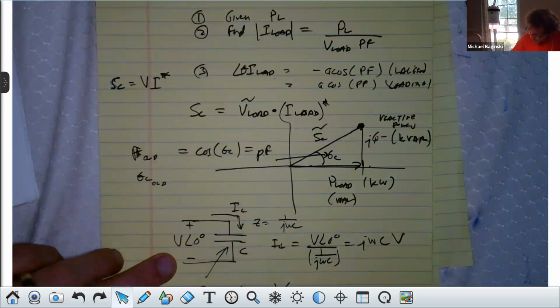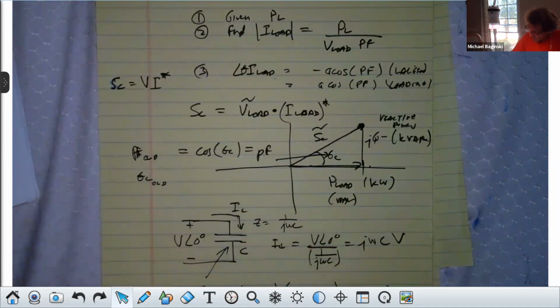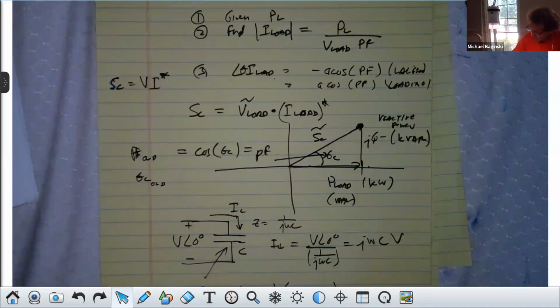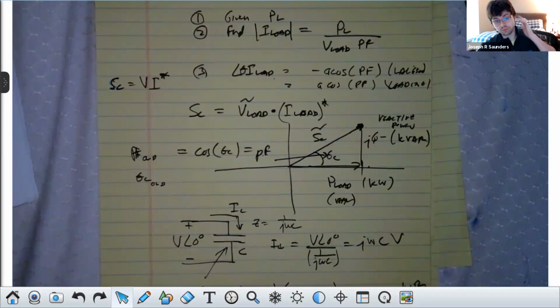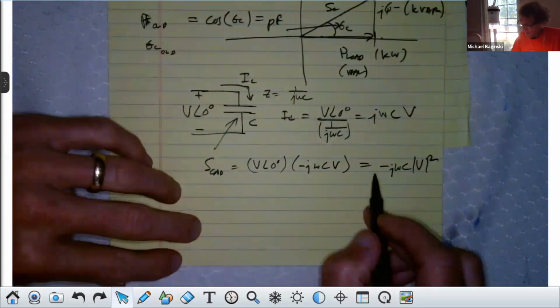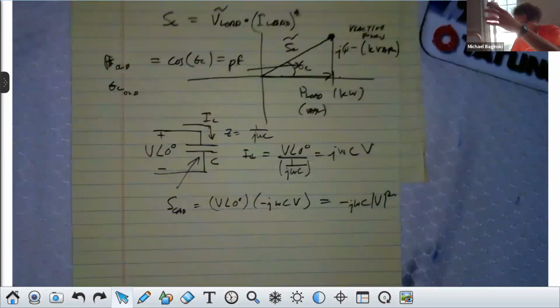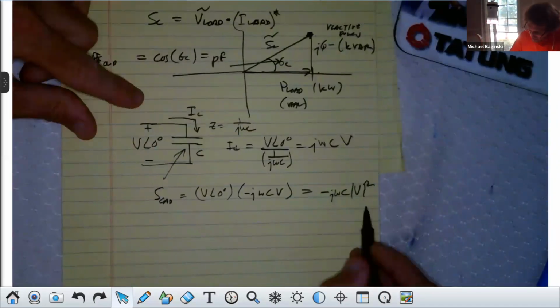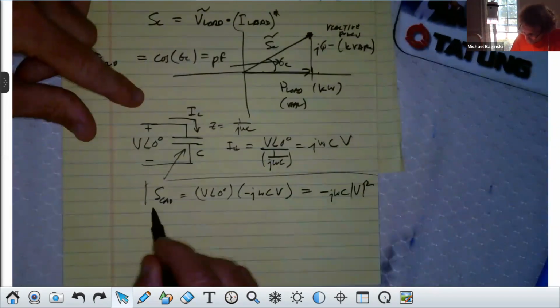So it really would be minus J omega C times V. And because that's 0 degrees, this is really minus J omega C times V squared. Now this is the complex power associated with the capacitor.